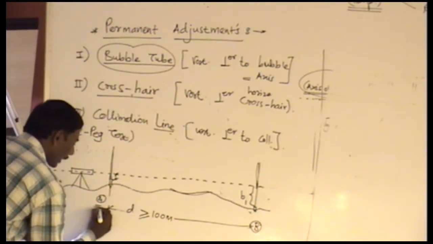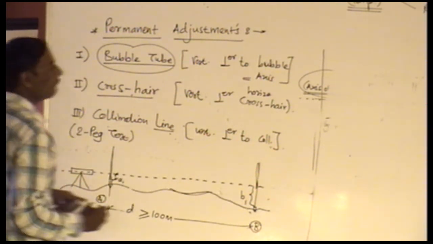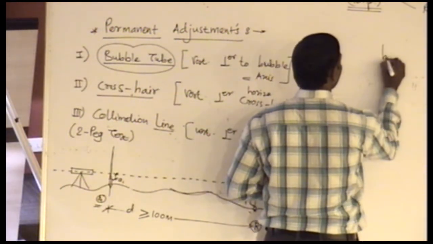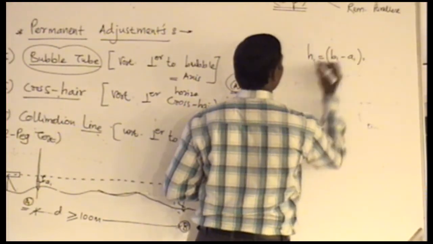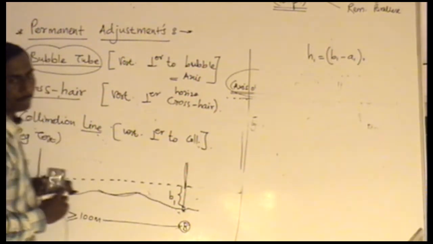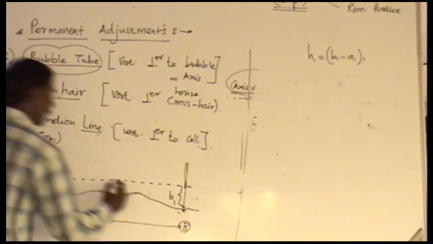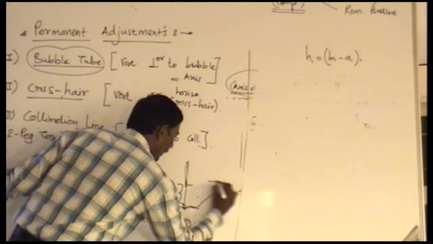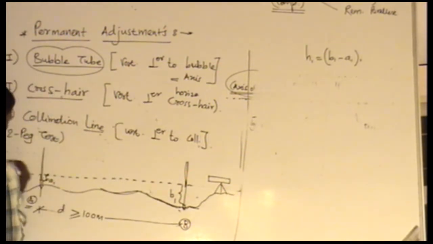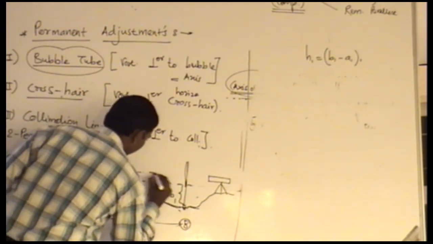This is the reading taken on A staff from the first setup, so it is A1 reading. And if I want to find out the difference between those readings, it will be B1 minus A1 because B is more. So I am taking B1 minus A1. That is the true difference between them actually. Later on, I will shift the instrument very close to B, and again I will take the readings on both these staffs.